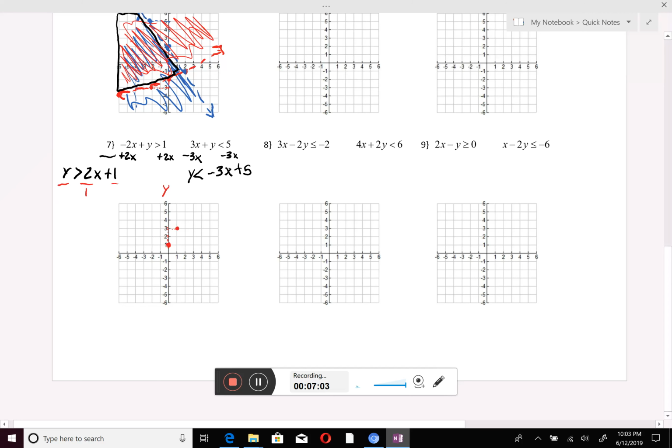And I can go the opposite direction by going down 2 to the right 1. And now I see that the inequality is greater than, but it's not or equal to, so it's a dotted line. And since it's greater than, I shade above.